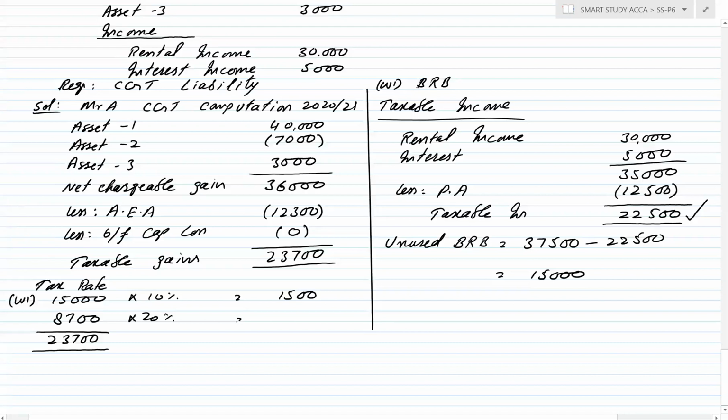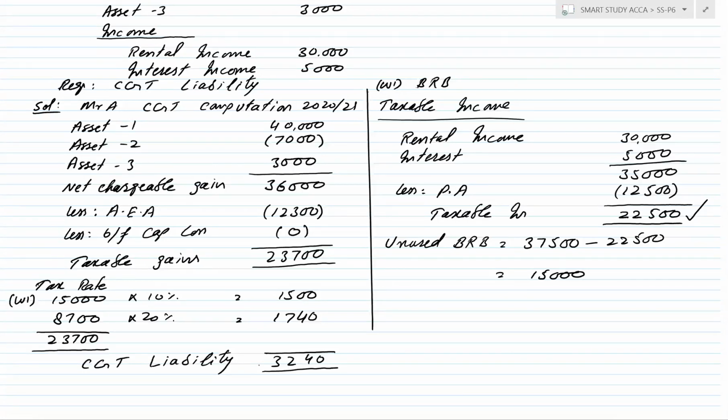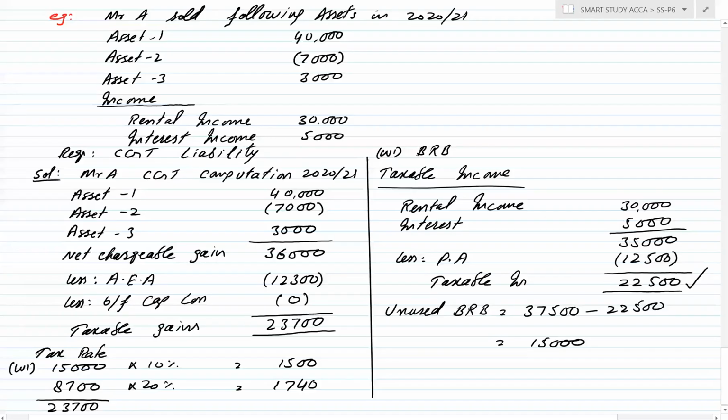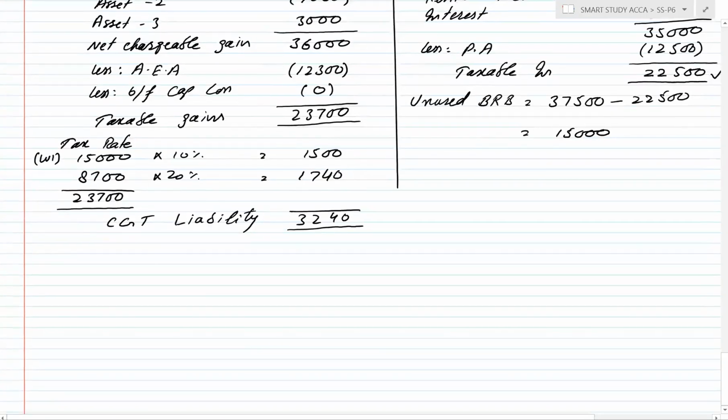Over here 1,500 and then 8,700 into 20%, which is 1,740. So 3,240 is the total tax. So this is a complete example on the calculation of capital gain tax liability.